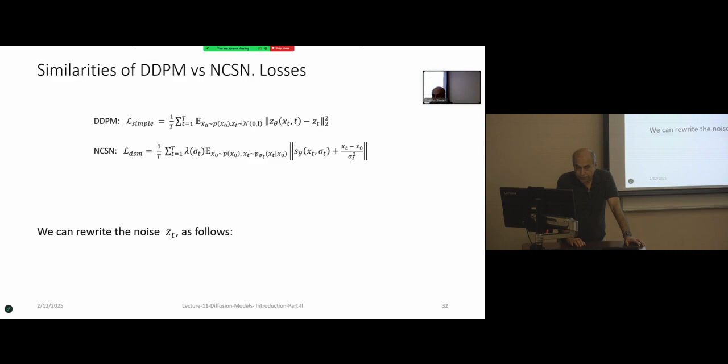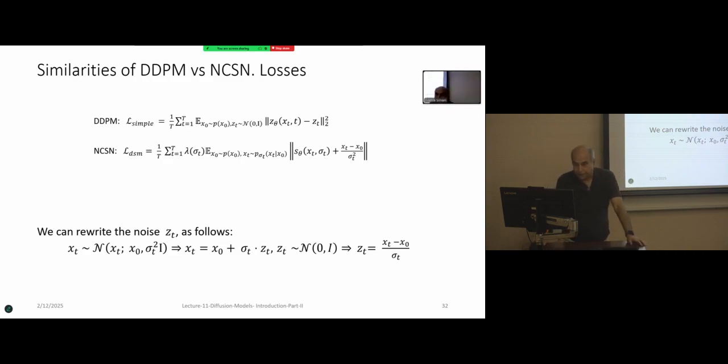Now, if you look in a little more detail at zt, the way we did it in DDPM is that we take x0 and add noise depending on zt, which was sampled from a normal distribution, and sigma t. So if you take this equation where xt is equal to x0 plus sigma t times zt, we can express zt like this: zt is equal to xt minus x0 over sigma t.